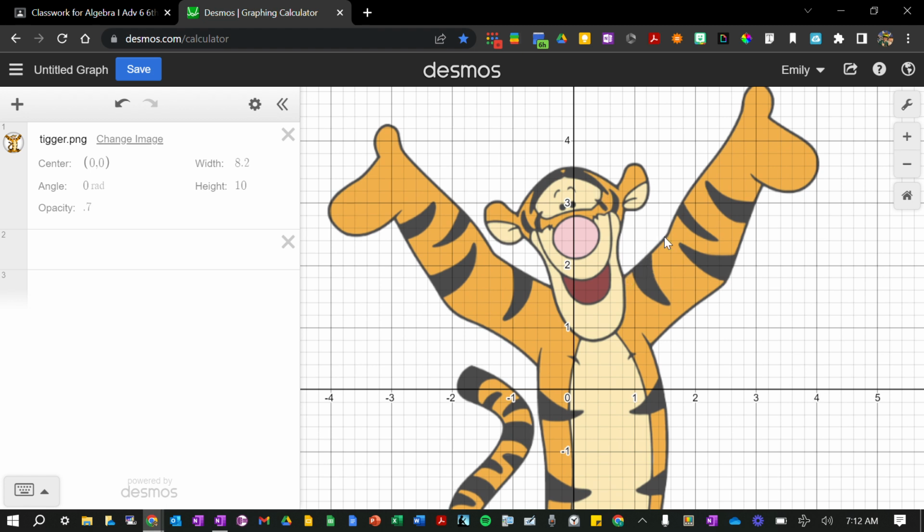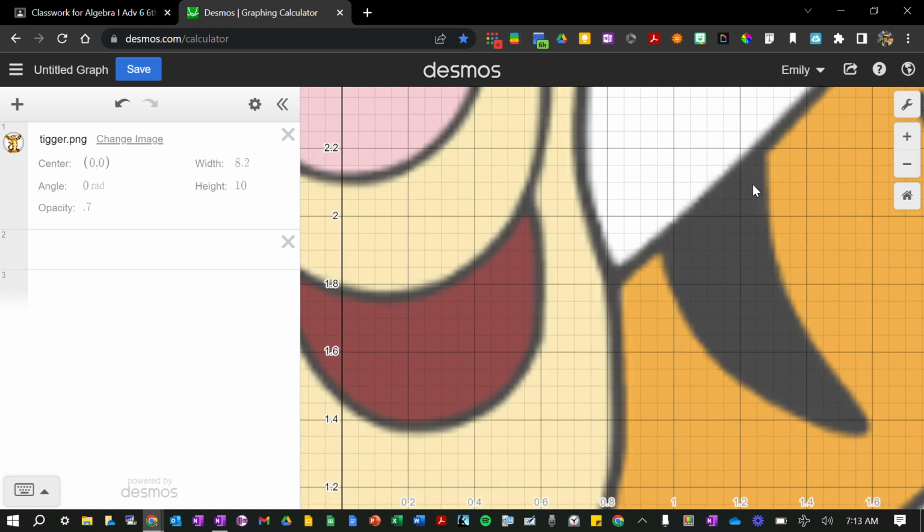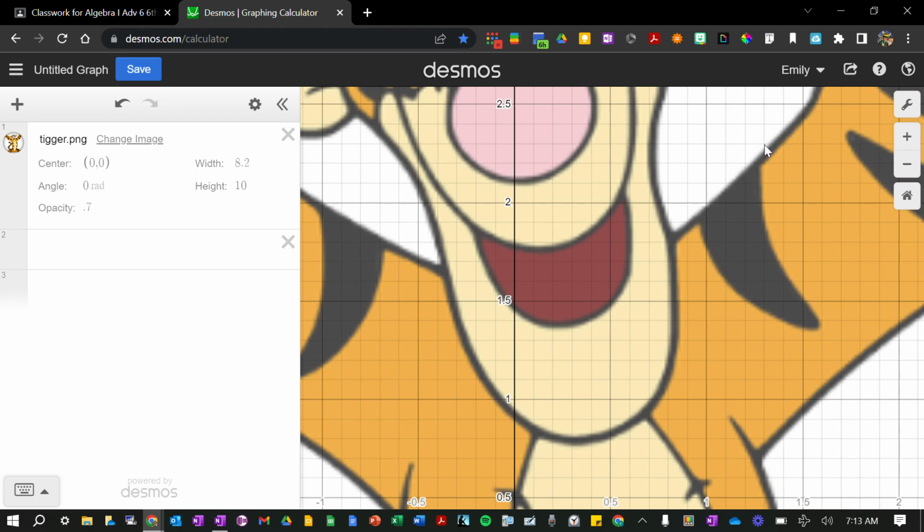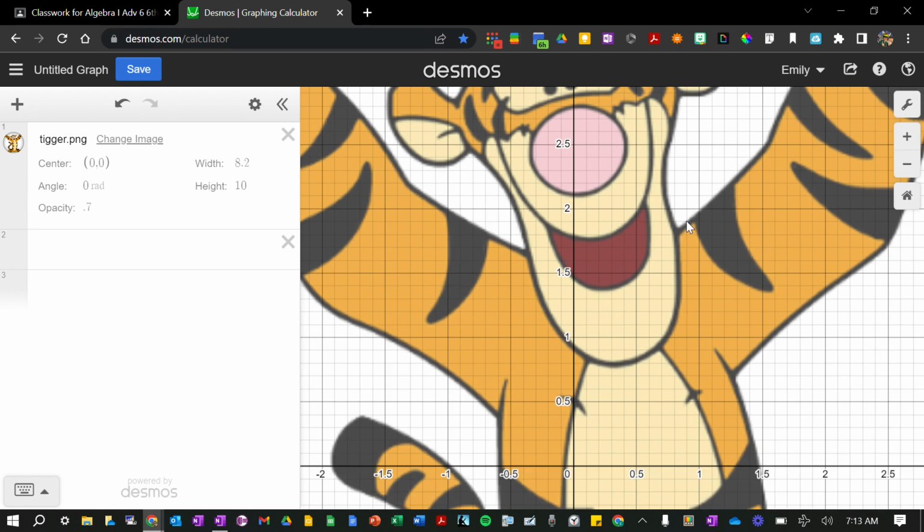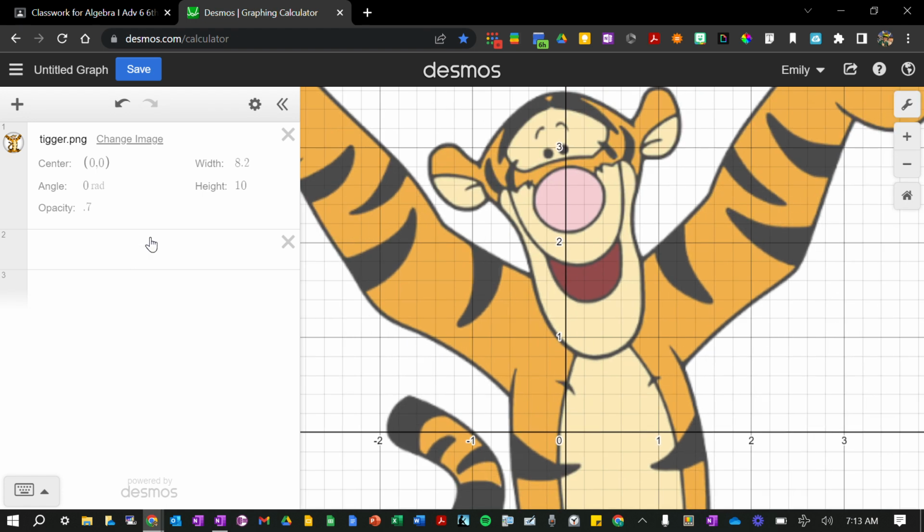But I'm gonna start with trying to graph this part of Tigger's arm. I'm gonna break this down into lines or shapes, and I can see that this part would be a straight line. The equation for that line would be y equals mx plus b. And I'm gonna show you what I can do in Desmos that's really cool.